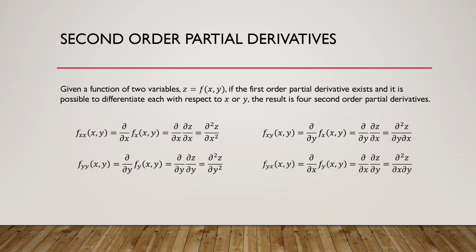The second partial derivative of f with respect to yx of xy equals the partial derivative with respect to x of the partial derivative of f with respect to y of xy, which equals d dx times dz dy, which equals d2z dx dy. These last two are called mixed partials.